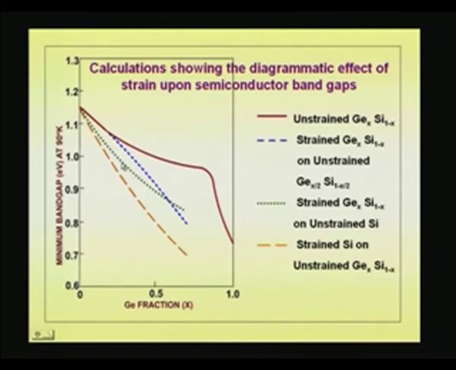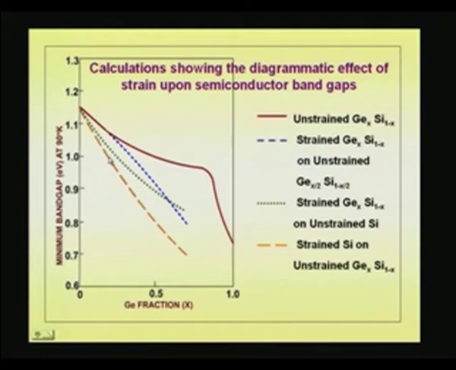You grow a thick N type silicon substrate, grow silicon germanium, that is a strained layer, then this is the band gap that they have estimated. Okay. So, you get a band gap which follows this rule, which is much smaller than that of unstrained silicon germanium. For about 0.2 you will have about 1 electron volt, instead of 1.15 here.